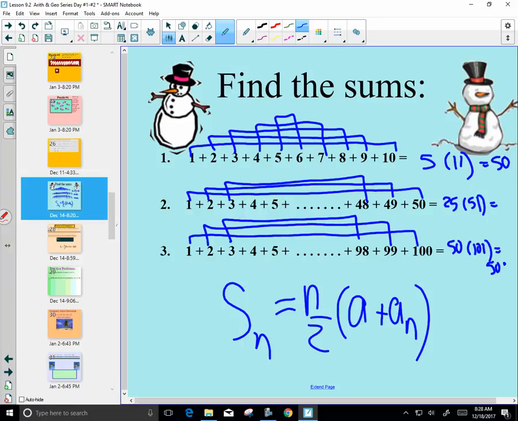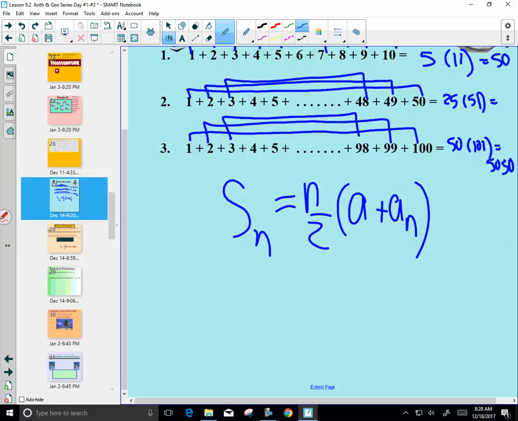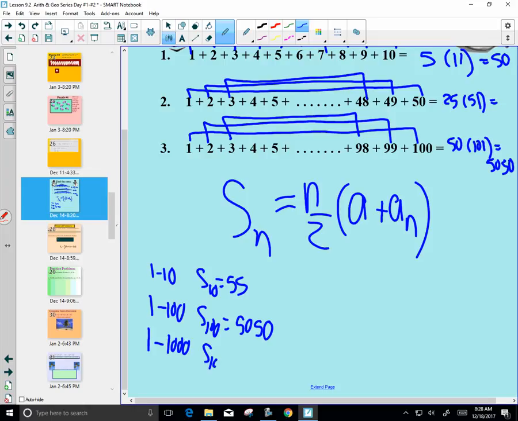It's 5050. The sum of the first 100 numbers, so 1 through 10, the sum is 55. The sum of the first 100 is 5050. You want to take a guess of the first 1,000? Pretty cool. Elizabeth? 500,500, yep.